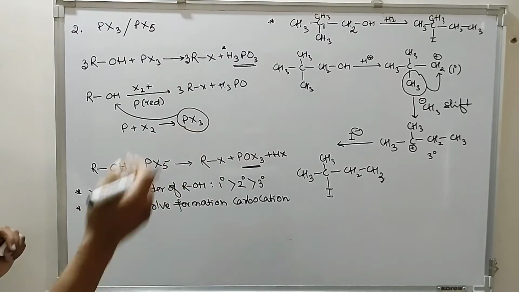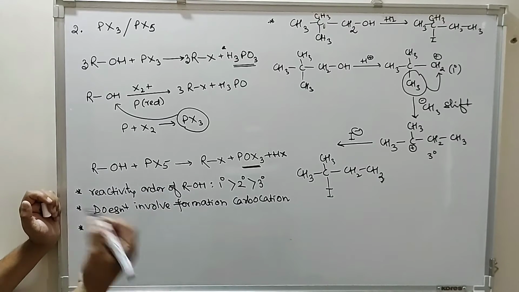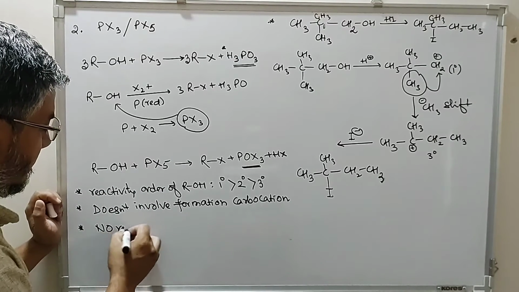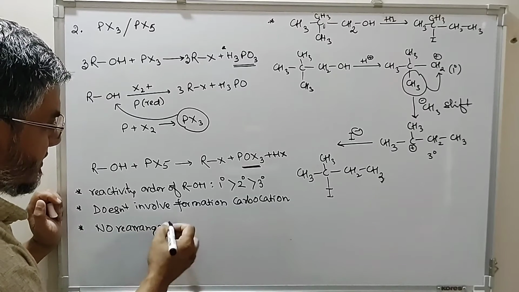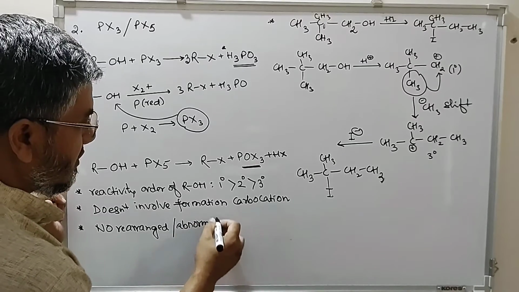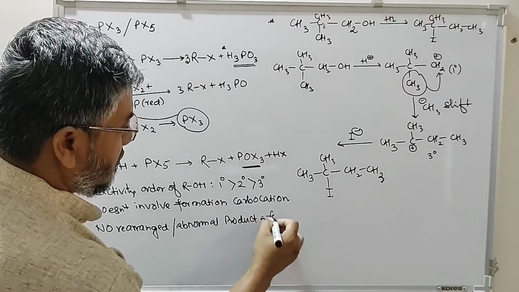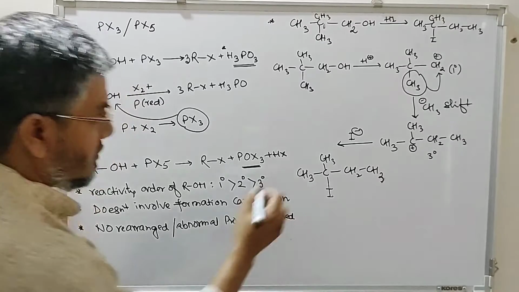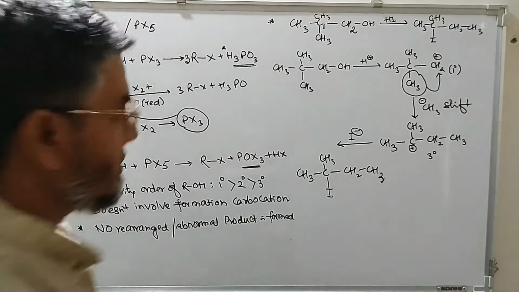Since there is no formation of carbocation, no rearranged or abnormal product will be formed. So this thing you have to keep in mind for these types of reactions. So I'll give you some specific examples.